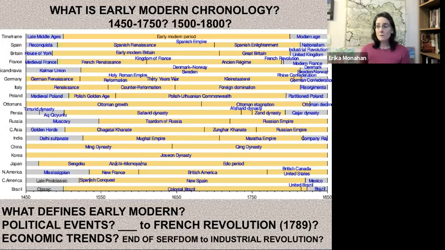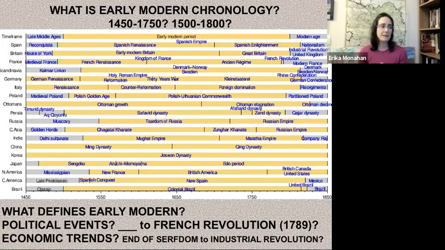Well, do we define it in terms of political events? If we ask what kind of organization is happening, what political features are relevant, that is one way that people define the early modern period.